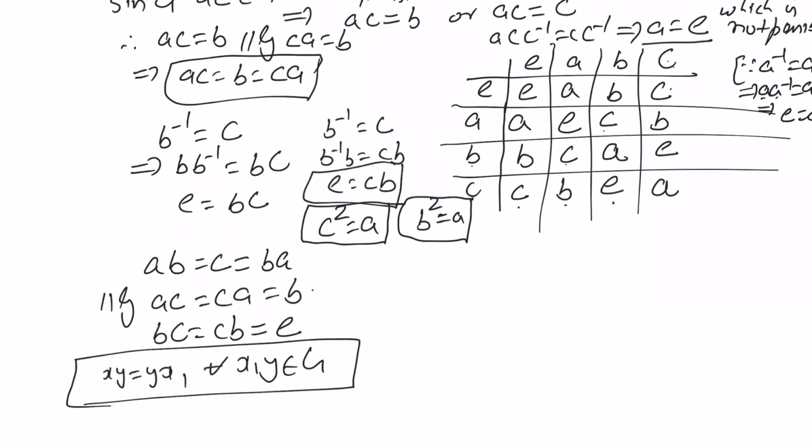So this proves the theorem. So in this particular problem, we have discussed that if a group has 4 elements, then that group is abelian. In this case, we have discussed the various different cases, case 1 and case 2 also.